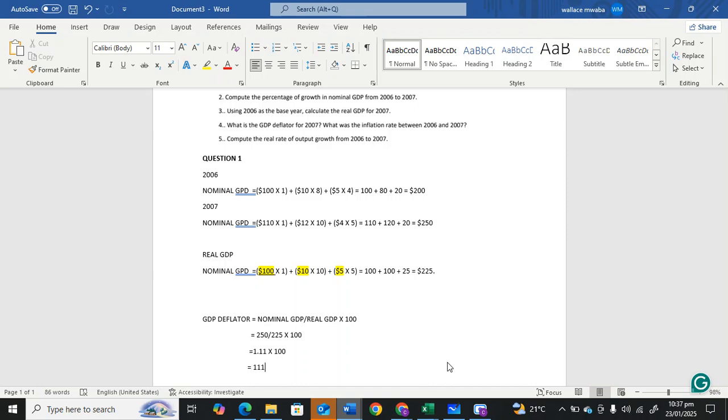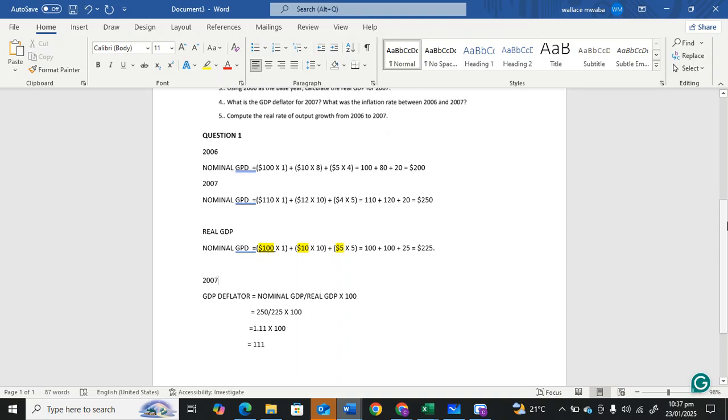Now I'm going to show you how we use this to interpret inflation, where they're asking us here, what is the inflation rate between 2006 and 2007? In order to find the inflation rate between 2006 and 2007, we also need to know the GDP deflator for the year 2006, which is our base year.